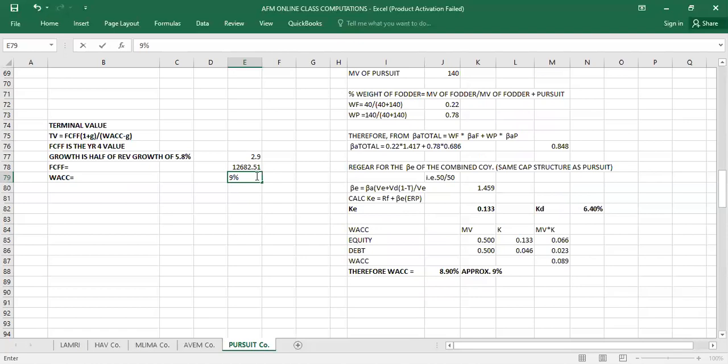The last sentence in the second paragraph says free cash flow growth rate will be half. That's why we said half, 2.9. Okay, thank you. So therefore, terminal value.